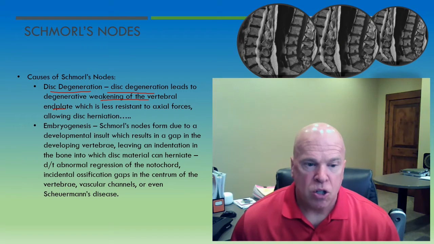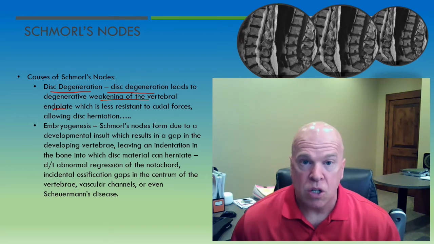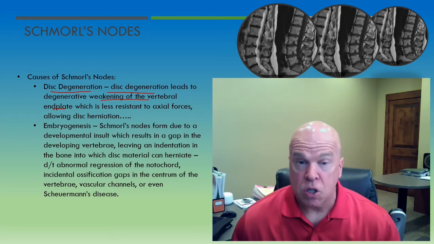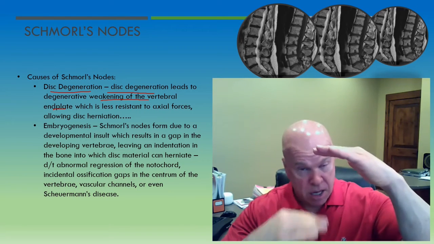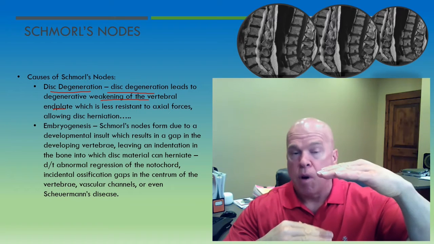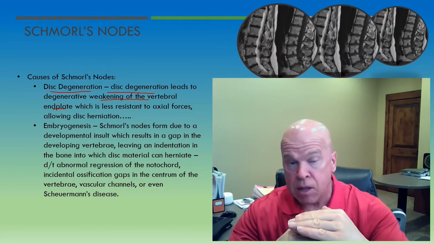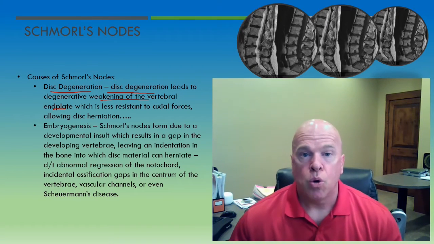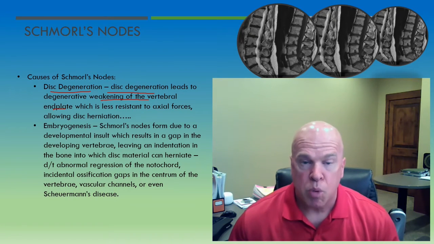Another theory has to do with defects of formation in the embryo. Remember, the vertebrae are formed from the sclerotome, where the inferior half of a vertebra from one somite and the superior half of a vertebra from another somite come together and surround the notochord, and then the notochord regresses and leaves a remnant as the nucleus pulposus.